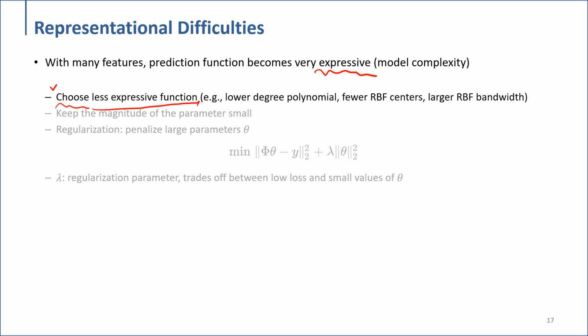So just reducing the degree of a polynomial, or using fewer RBF centers or a larger RBF bandwidth, etc.